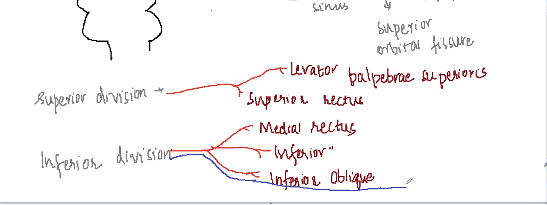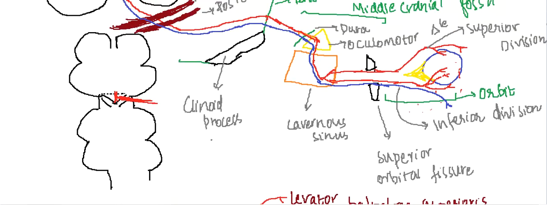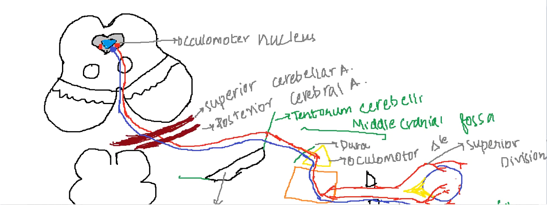Okay, and from there it will give branch to the ciliary ganglion, and from this ciliary ganglion, it will supply the ciliary muscle and also the constrictor pupillae. The pupil only for the constrictor pupillae, not for the dilator pupillae. So these are the parasympathetic fibers from Edinger-Westphal nucleus. So this is about the oculomotor nerve course.